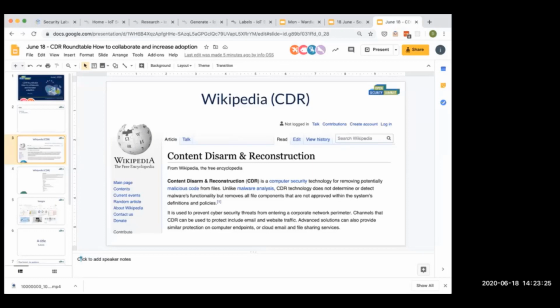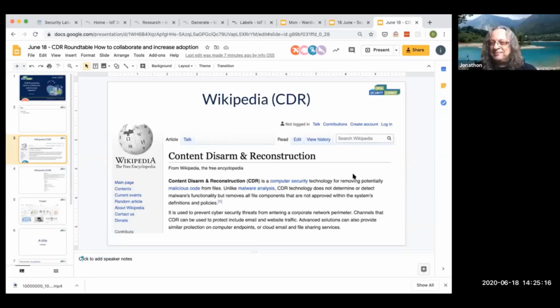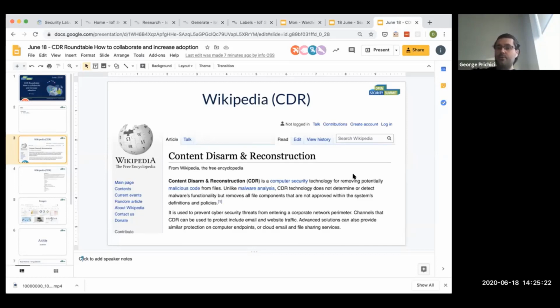I tend to slightly disagree on that one, right? Because at the end of the day, let's say I have an Excel with 3 macros. They're legit macros. If we remove those, they're going to perceive it as wanted, right? That's always a discussion with me. What do you remove? How do you know it should be removed or not? Because the policy usually is going to be, I'm going to remove it all. What I'm trying to say is that at the end of the day, it's based on the policy on what exactly you want to remove.